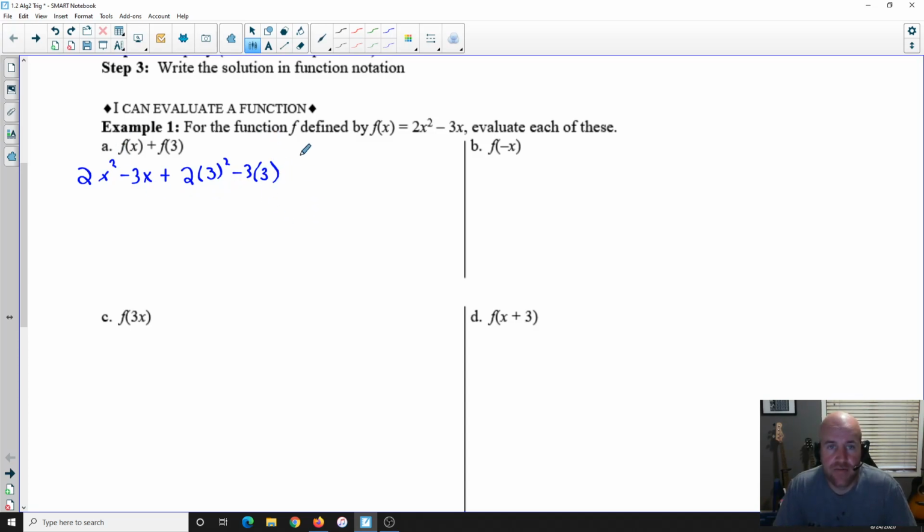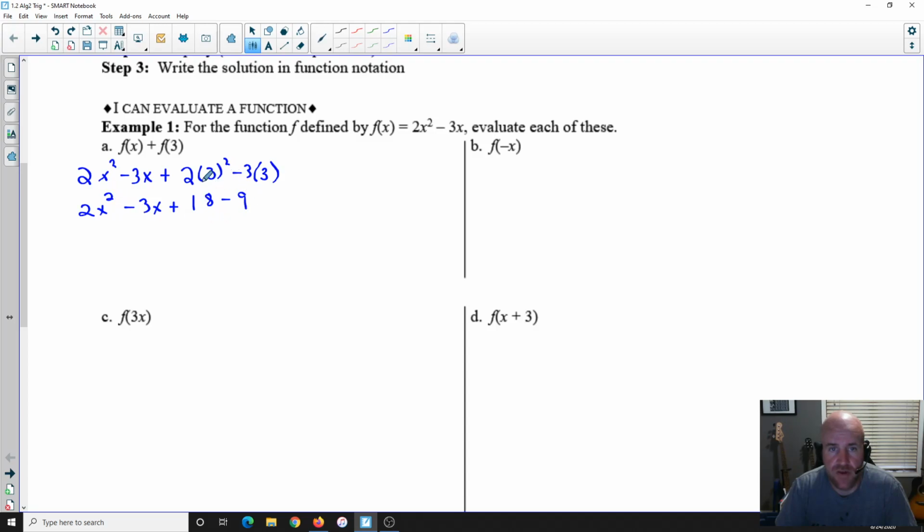Now that we've done that, we can simplify like we were doing in section 1. So 3 squared we know is 9, and then multiply by 2, so we're going to get 18 there. Minus 3 times 3, that'd be minus 9. And then the first two terms drop down.